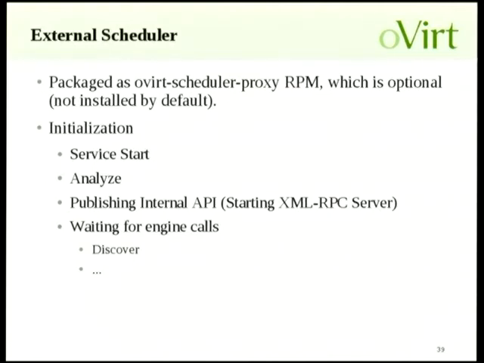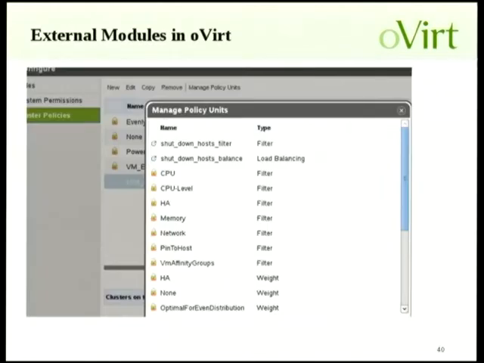How it works: it's initialized, it reads from a local directory all the filters, weights, and balancing logic that you wrote. Then it's published in an internal API. The engine, the server, reads it, and then it waits for calls from the engine for filtering, weighing, and balancing. This is how it looks when it's loaded, the filter and load balancing here.